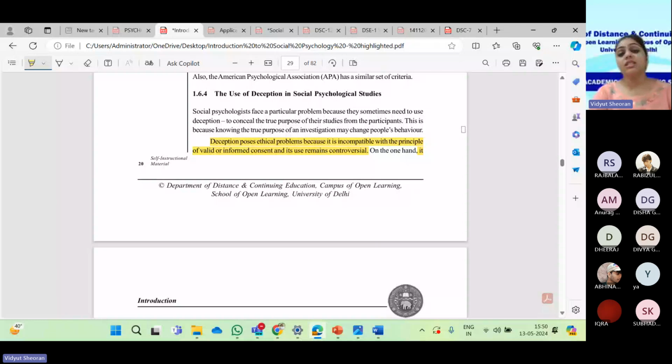So deception poses ethical problems because it is incompatible with the principle of valid or informed consent. Informed consent में हम पहले से ही permission लेते हैं that yes, the participant is aware of what is going to happen with him, why something will happen, and the entire process will be known. But in case of deception, this is not taken care of prior to the research.